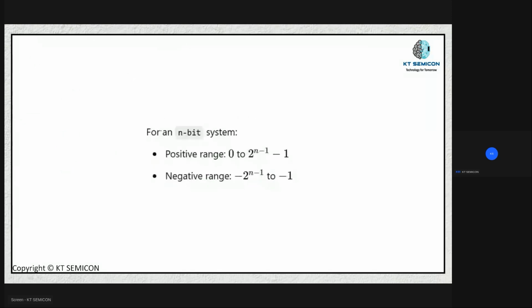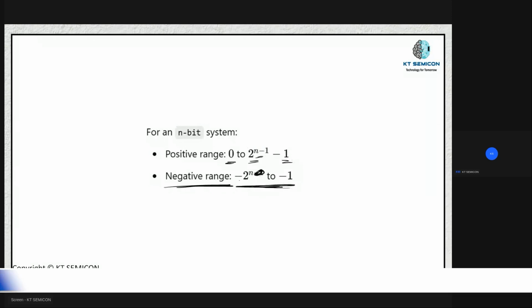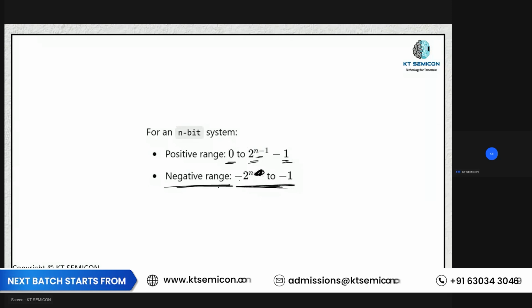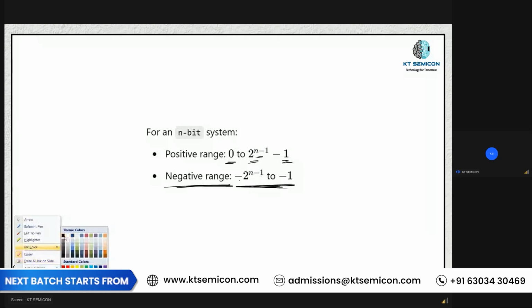So for an n-bit number, the range of representations for a positive number is 0 to 2^(n-1) minus 1. And for the negative range, it is minus 2^(n-1) to minus 1. These are the range of numbers which we can represent using the 2's complement form of representation.